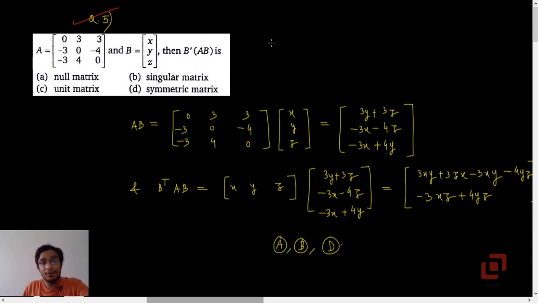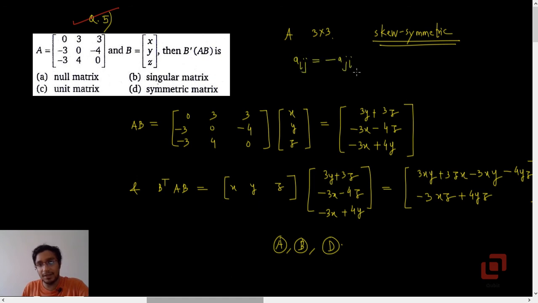Now if you observe A, it is a 3 by 3 matrix, diagonal elements are 0, and it is definitely not symmetric, it is skew symmetric. Skew symmetric matrices have this property: Aij is equal to minus Aji. You might already know that.